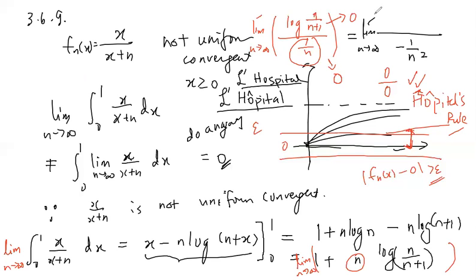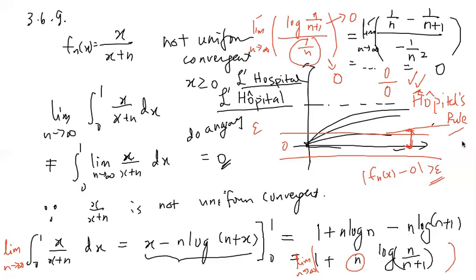You differentiate this guy here, you separate out to log n minus log n plus 1. So that will give you this. Okay. So then you can simplify this and you take the limit, it will be equal to 0.